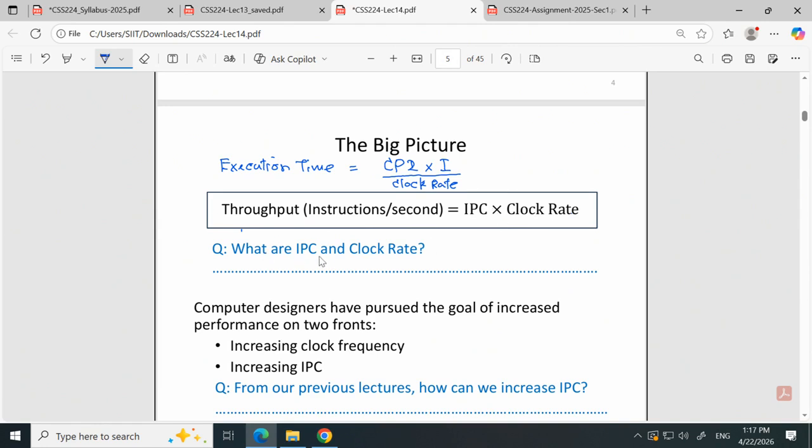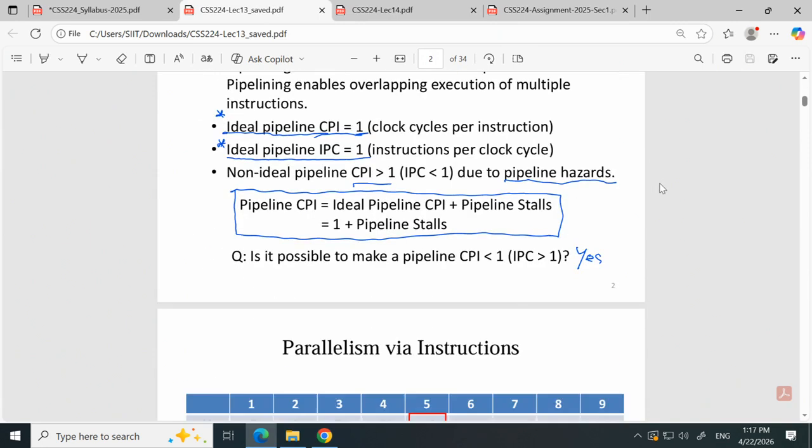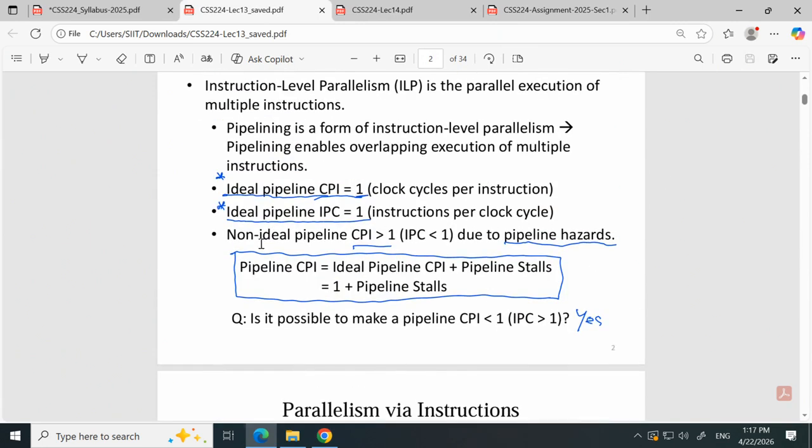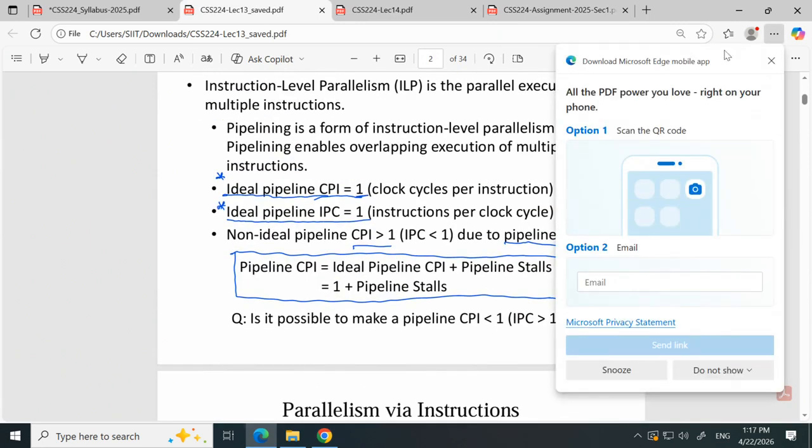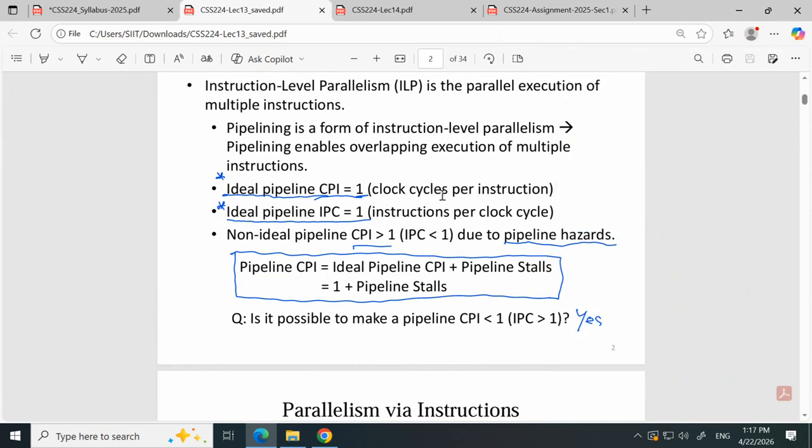What are the IPC and clock rate? I remember I already told you. CPI, clock cycles per instruction. IPC, the inverse. Okay, instructions per clock cycle. So if you remember the CPI, you could remember the IPC.